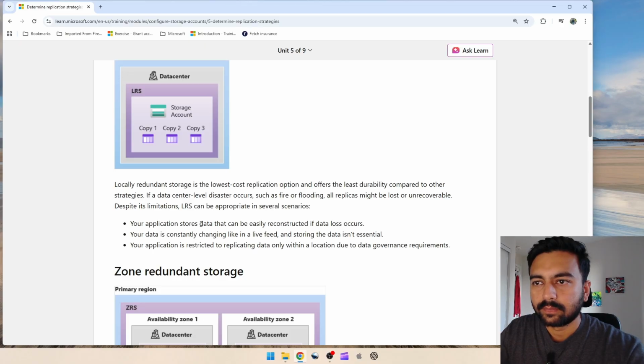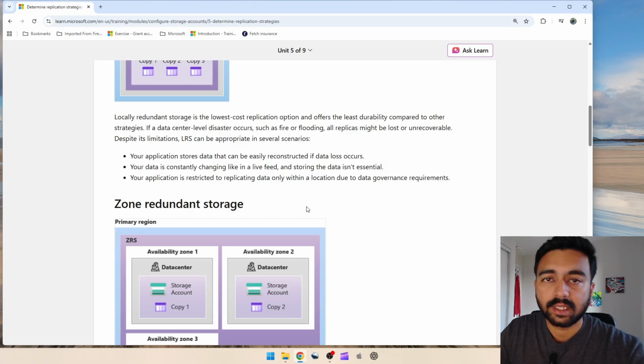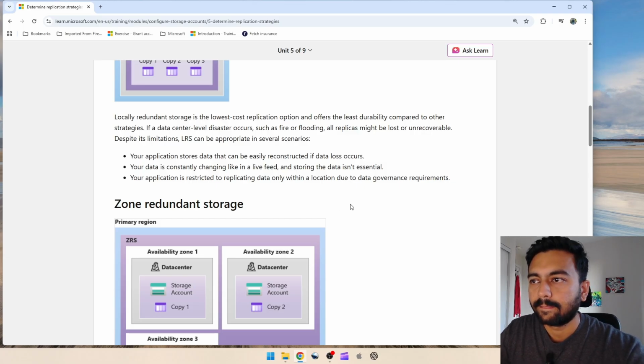Pretty much the same thing. If it's a live feed, or if storing the data isn't essential, then LRS. And there are cases where your application is restricted to replicating data only within a location due to data governance requirements.